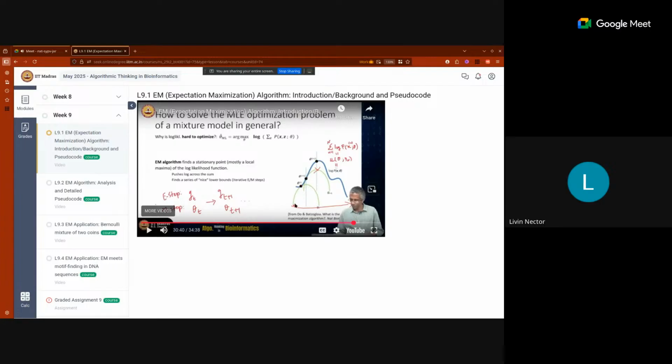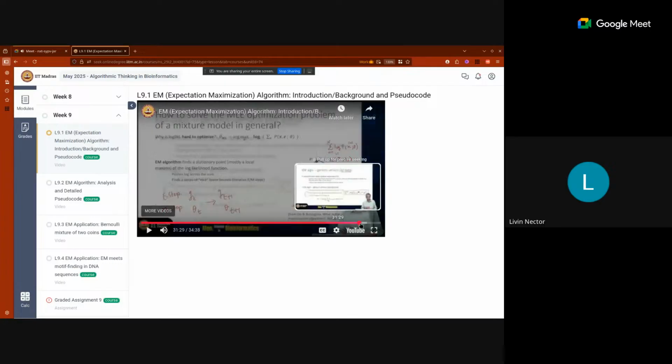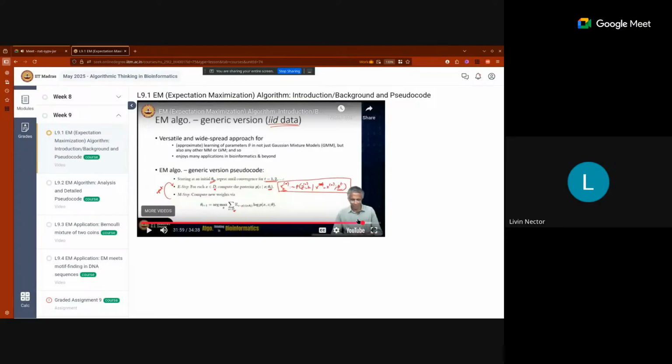So we assume the parameters and maximize the likelihood of the data, and then adjust the parameters so that it maximizes the likelihood, and this goes back and forth until we get the optimal point. So that's the overall functioning of the EM method.